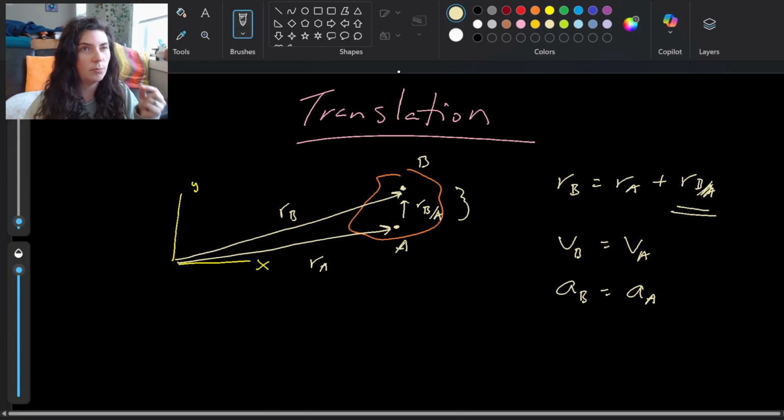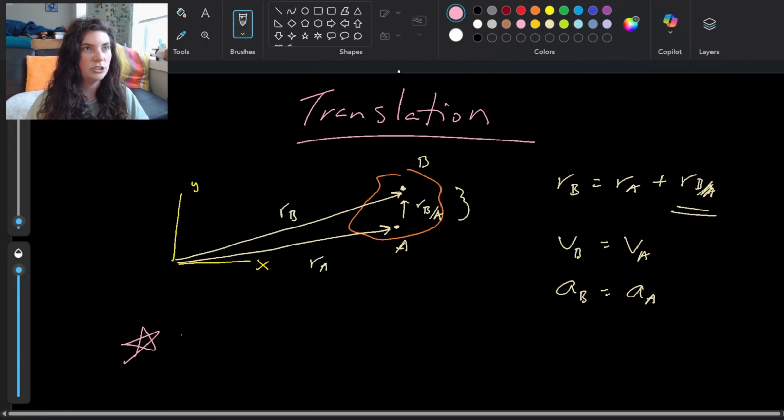And the really important thing, the reason why I mention this at all, is because this is going to let us use our Chapter 12 kinematics and pretty much treat a translating body like a particle.